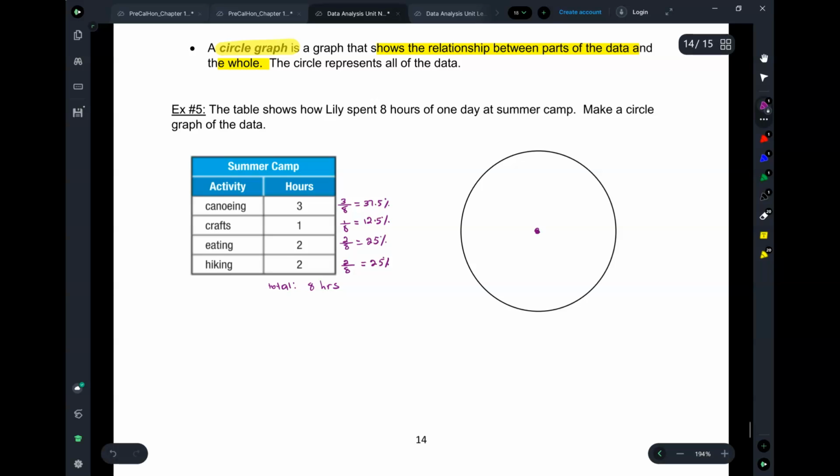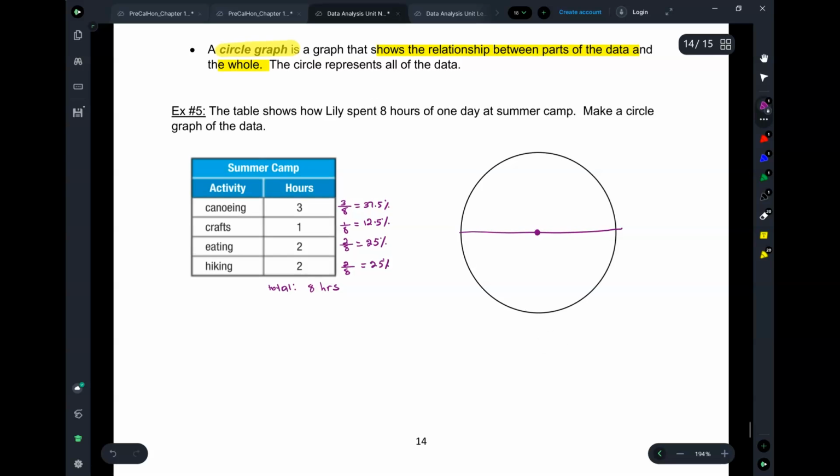Start by putting the center on your graph, and then, okay, so if I want to do like 25 and 25, let's see, let's make the diameter here. Okay, so if I want to do it in the same order as in the chart, I'm going to start at the top left. It really doesn't matter where you start. So here I'll divvy up 25% and 25%. That's for eating and hiking.